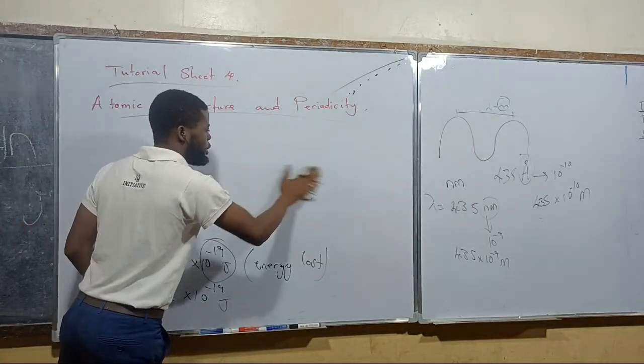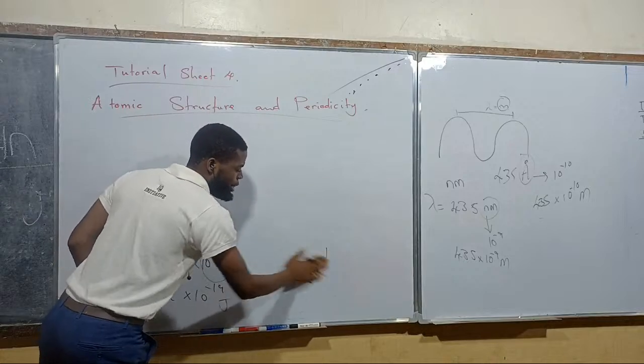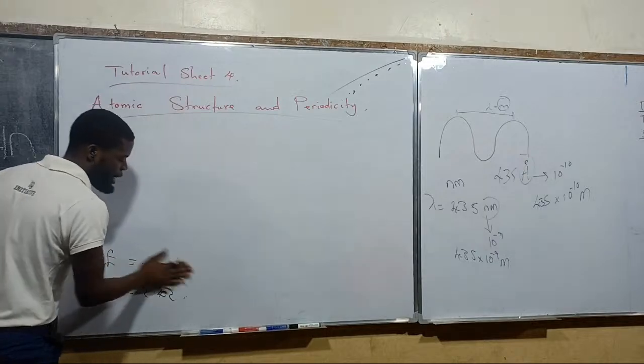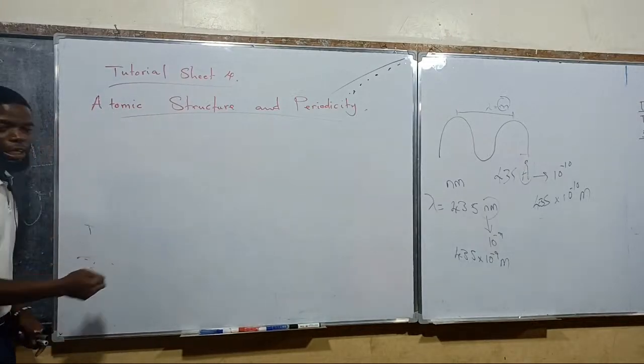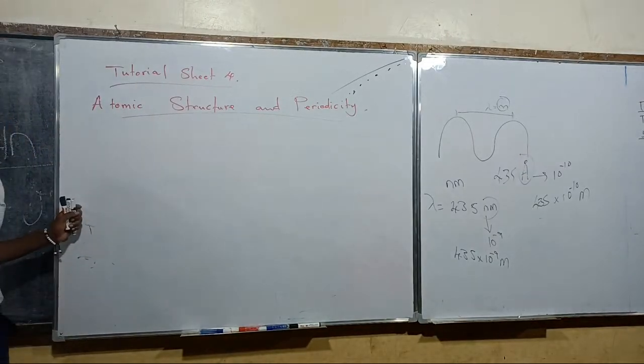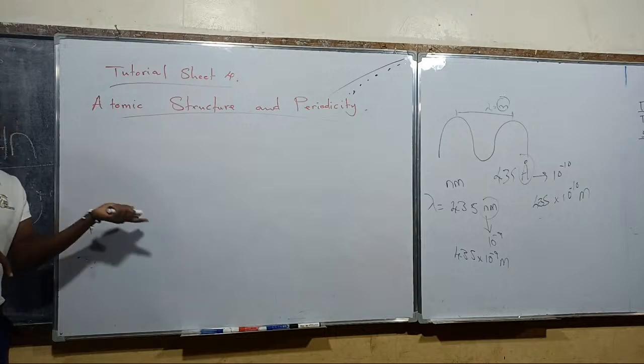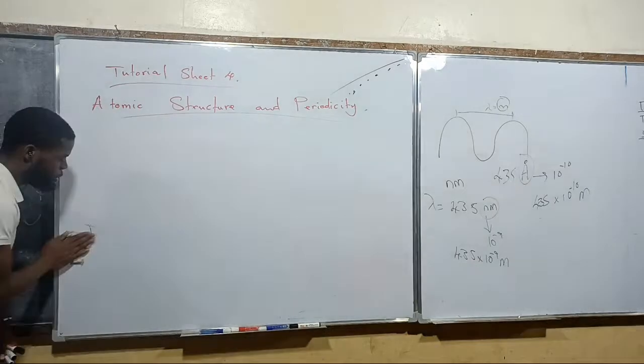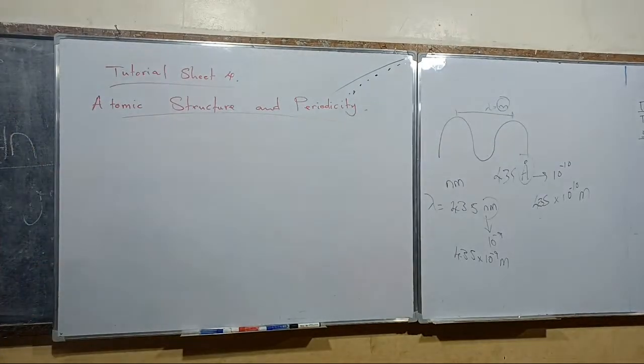We can't know them simultaneously, at the same time. You can know one of the two things. You can either know the momentum and then the position you will not know, or you will know the position of the particle, but then you will not get the momentum.